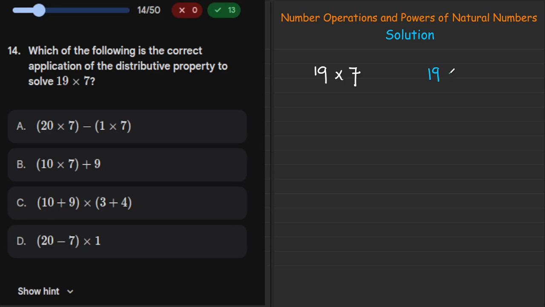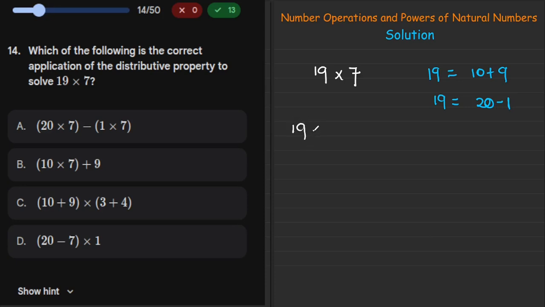So for 19 times 7, if we actually want to use the addition, take note, 19 can be written as 10 plus 9, and it can also be written as 20 minus 1. Let's try both.